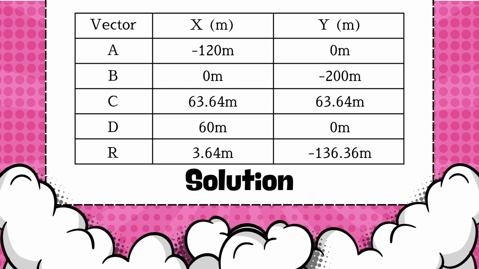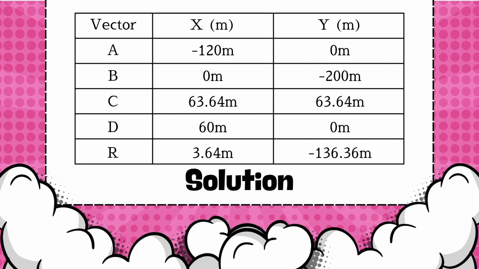Now, leg 1, 120 meters west, gives x minus 120 while y is 0. Leg 2, 200 meters south, gives x 0 and y minus 200. Now leg 3 is 90 meters at 45 degrees east of north. That direction has equal east and north components.